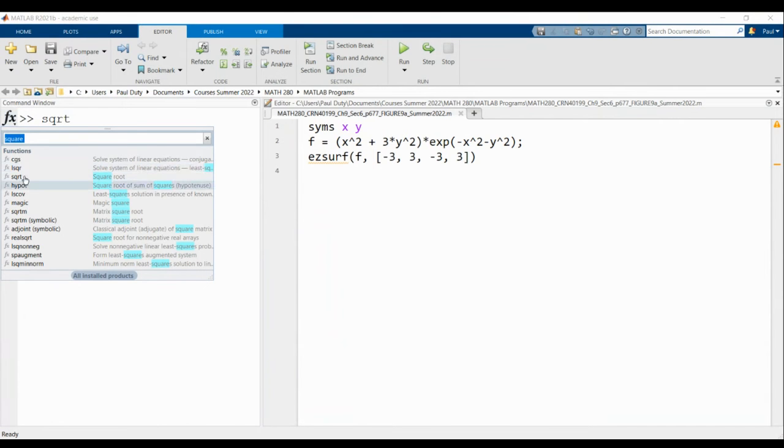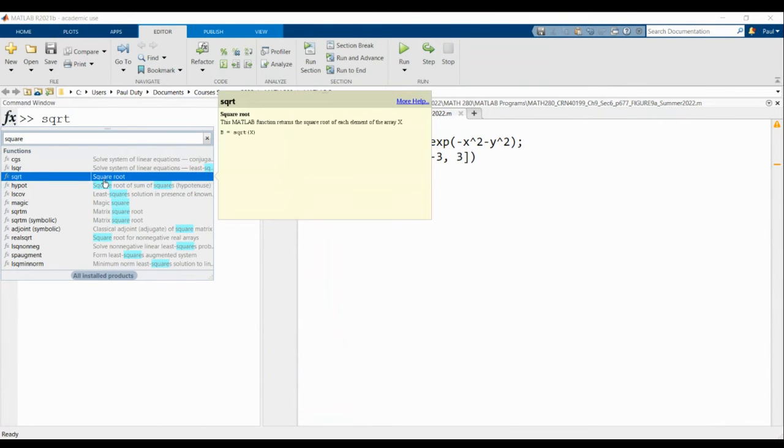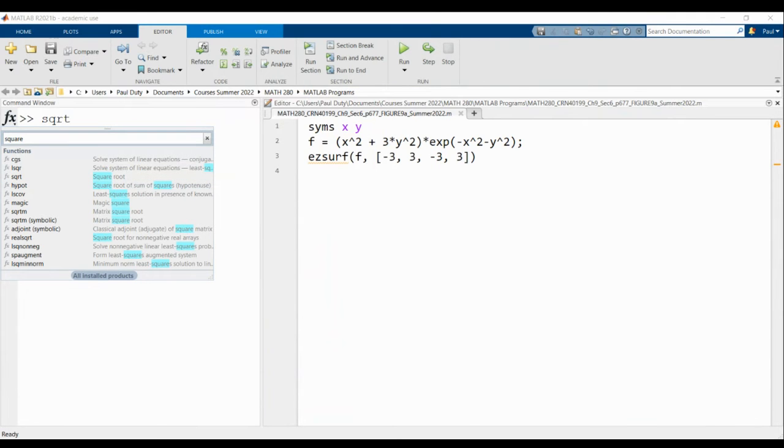But let me go back here. I want to look at that. Yeah, so you see it, you have to click on the square root. But pretty much any function that you encounter in your homework, if you don't know how to type it in MATLAB, you can learn how to type it by using the command line help. Okay, does that make sense?